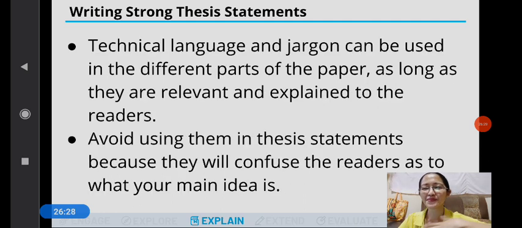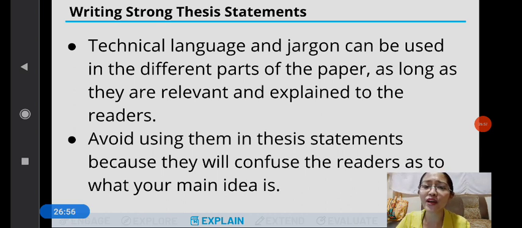Now, okay. Technical language and jargon can be used in the different parts of the paper as long as they are relevant and explained to the readers. Avoid using them in thesis statements because they will confuse the readers as to what your main idea is, what your point is, or what the purpose of your paper is.